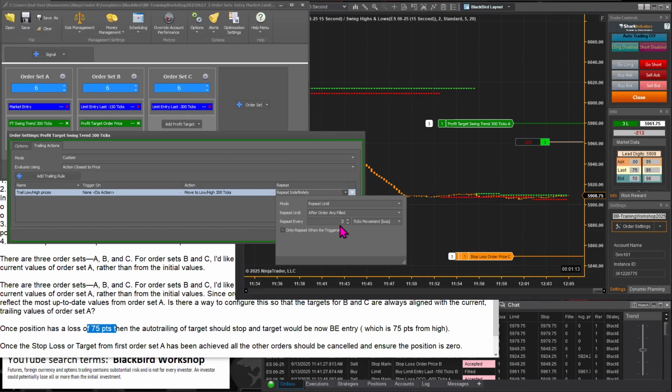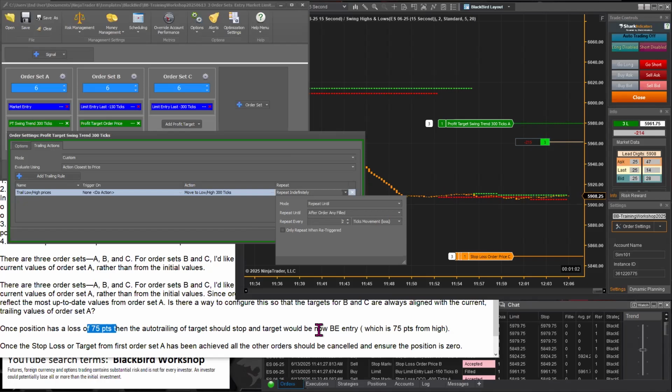But I think just knocking this down to 2 ticks of movement will most likely stop our profit target trailing just before hitting the entry price for A.